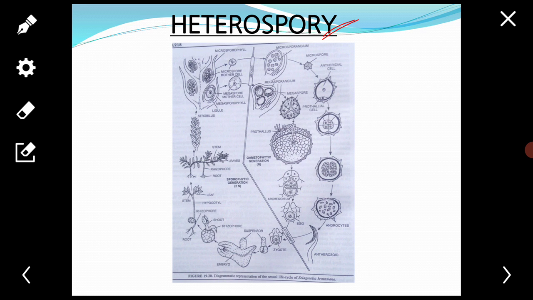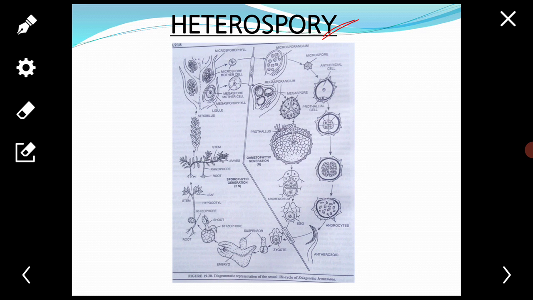The structural and functional heterospory has been reported in 9 genera of the Pteridophytes.